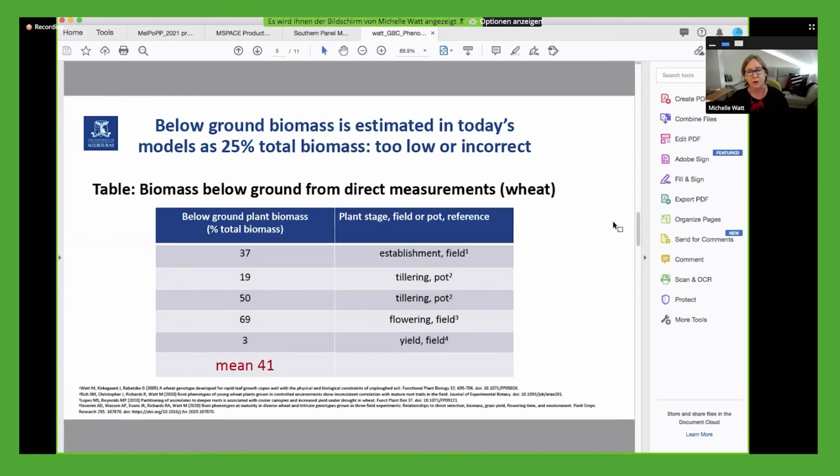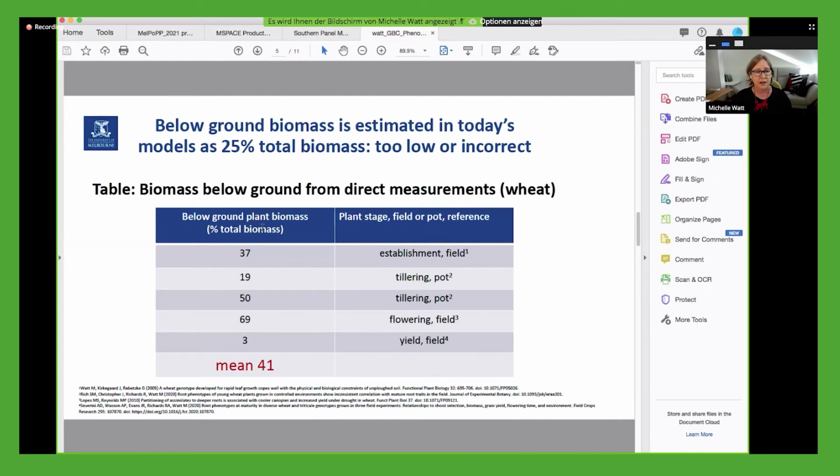So what I'm going to show just briefly in this slide is a selection of measurements that were actually done of below ground biomass from both field and pot experiments on the crop wheat. Wheat is one of the largest and most important crops for food security, and it's the most widely grown geographically on the globe.